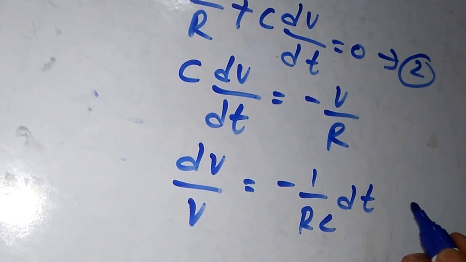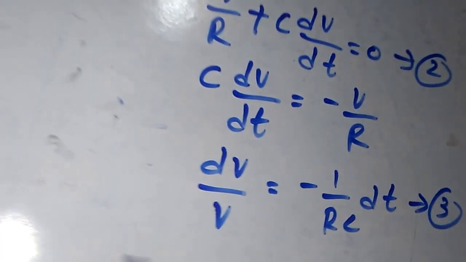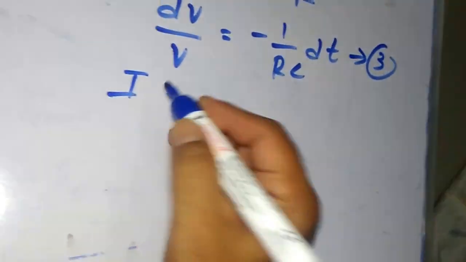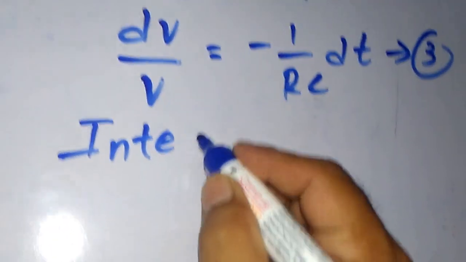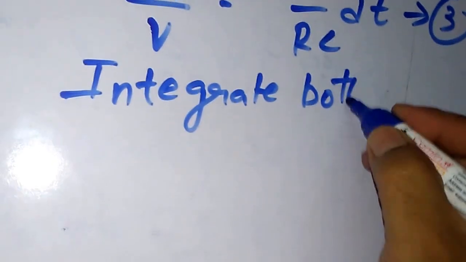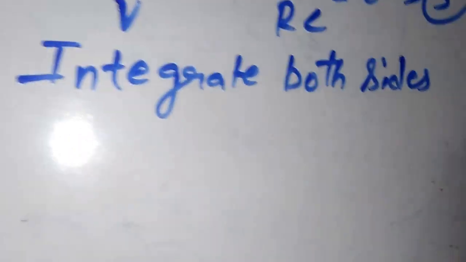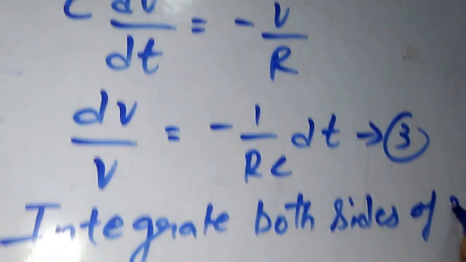This is equation 3. Now this is an expression where we need to find a solution. For that we integrate both sides of equation 3.